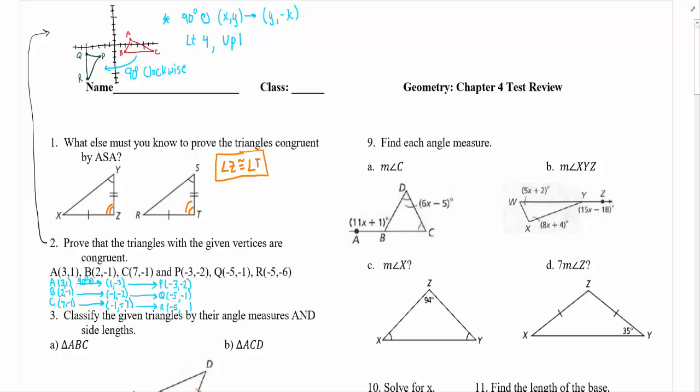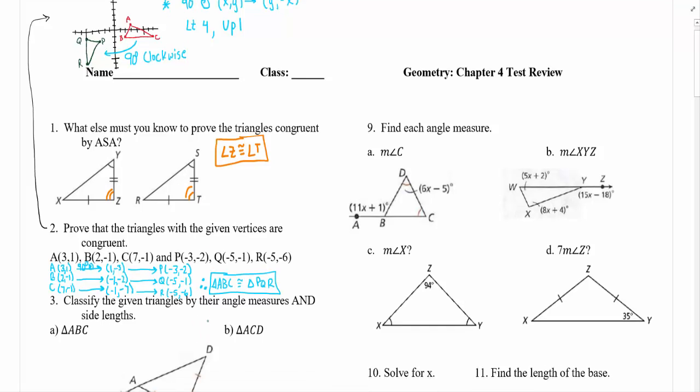And then negative 7, I'm going to go up 1, puts me at negative 6, which matches R. Therefore, I've done my proof. Again, it takes your statements and your work. You can now state that triangle ABC is congruent to triangle PQR. And there's number 2. Alright, so that's 1 and 2.